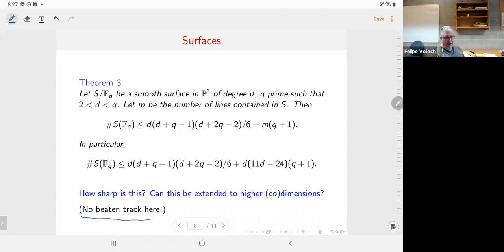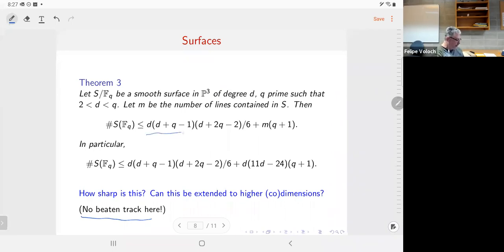If I'm going to assume that you have a smooth surface in P3 of degree d over F_q. I'm going to assume that q is prime and that d is less than q. I'm doing that to be safe from bad geometry, so there's not going to be any bad geometric things happening. And I get a bound which looks like the previous bound, d plus q minus 1.